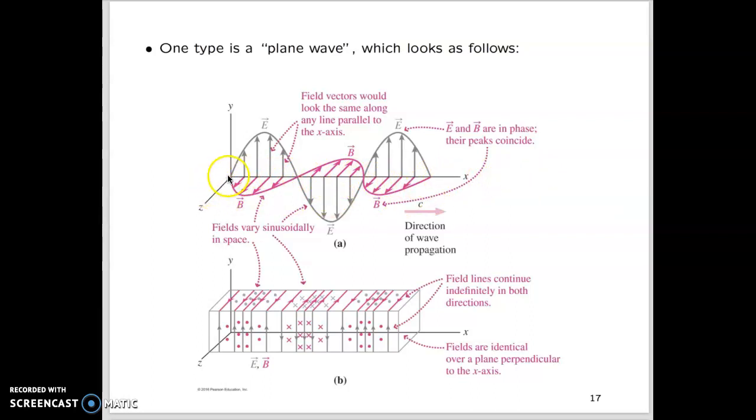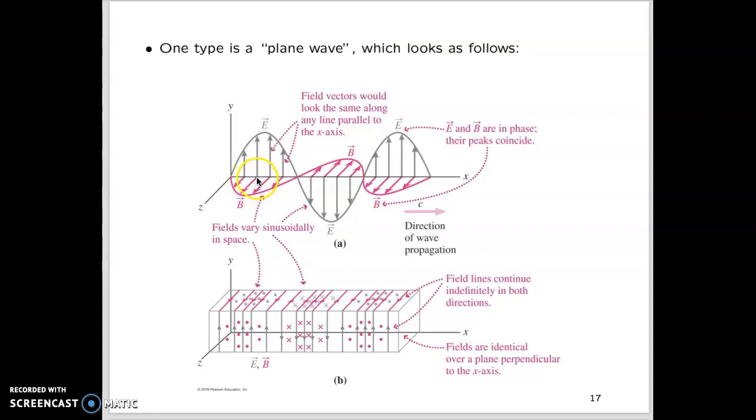We're considering, as I said, just a single line of points in the direction that the wave is moving. At this point here, you'll have an electric field. The electric field may be pointing in the positive y direction. There's a magnetic field present at exactly the same point, and it's pointing in the positive z direction.